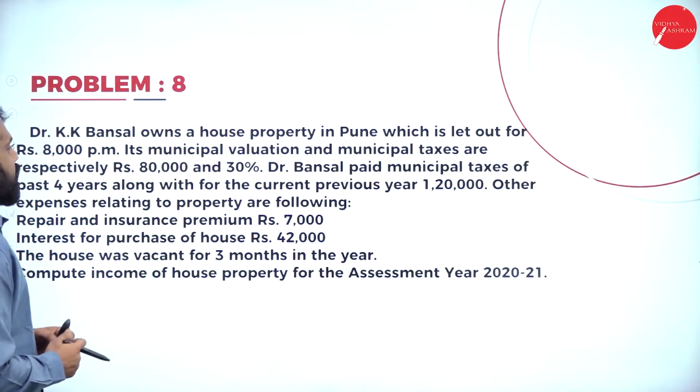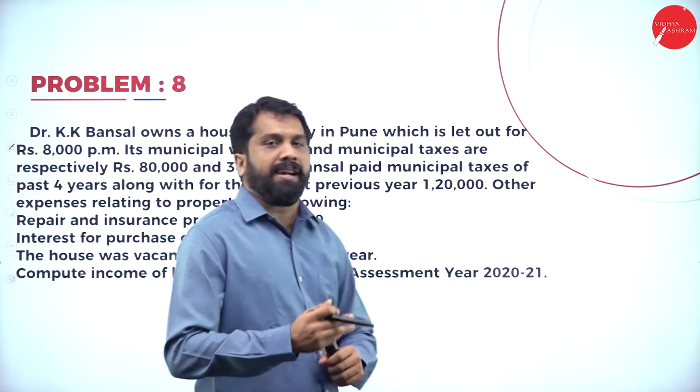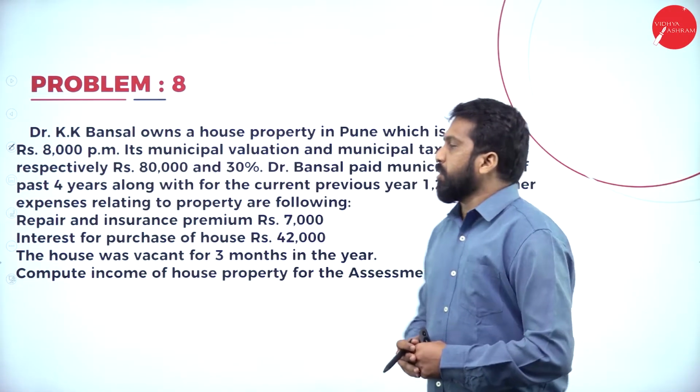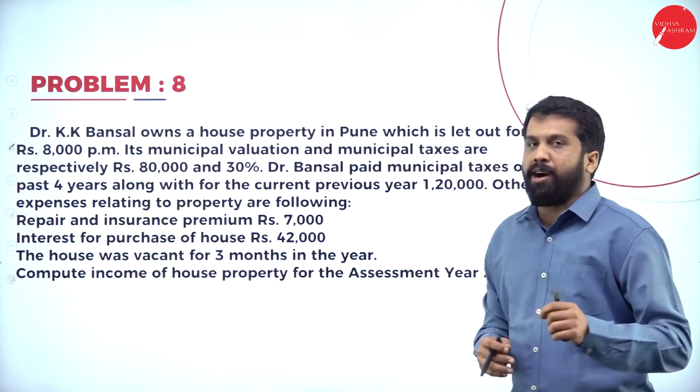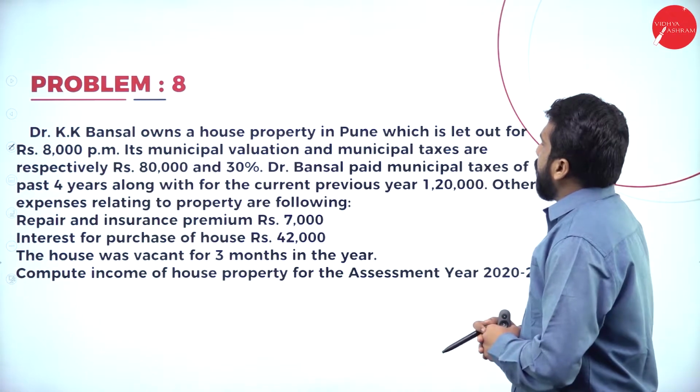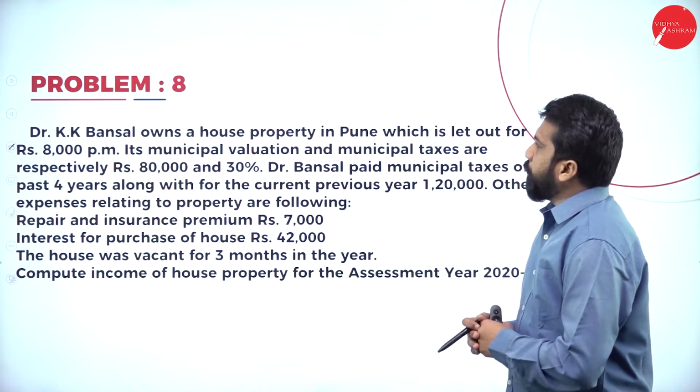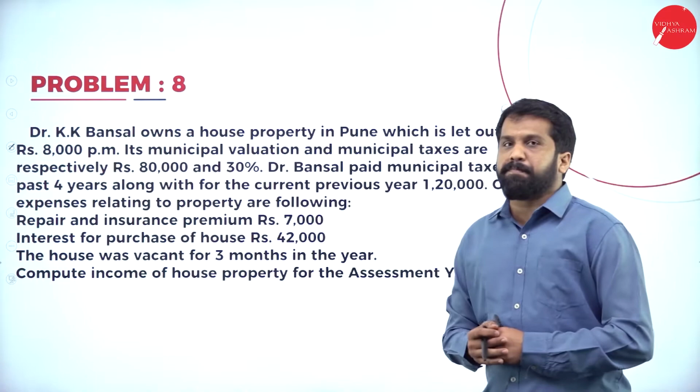Next, we'll go for problem number 8. Later, I'll give you a chance for discussion. So, problem number 8. Dr. K.K. Bansal owns a house property in Pune, which is let out for rupees 8,000 per month.